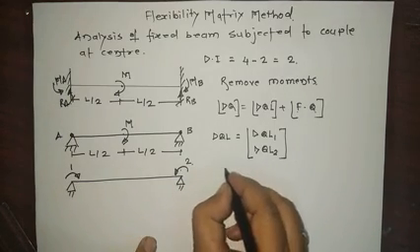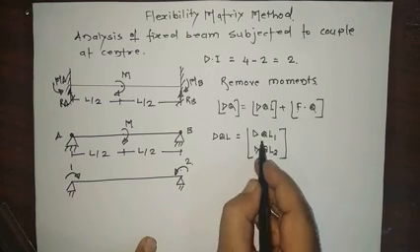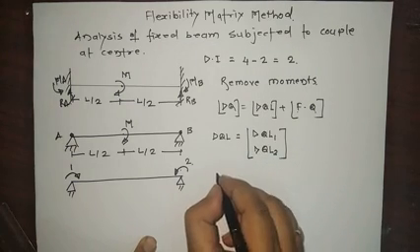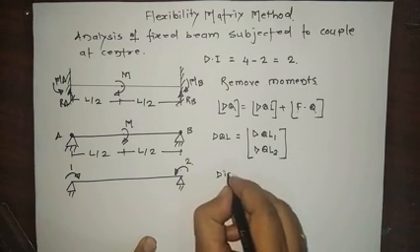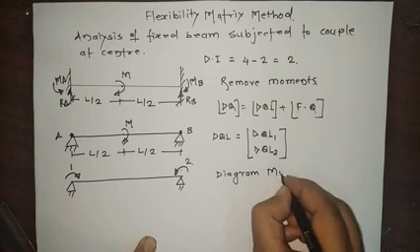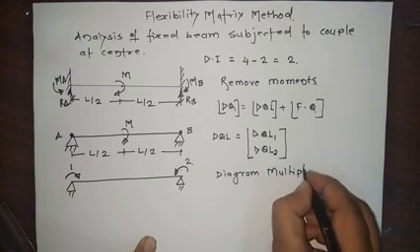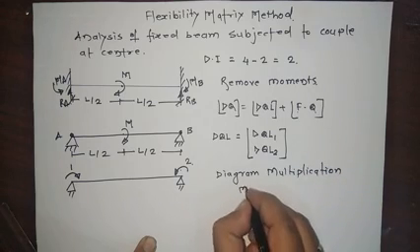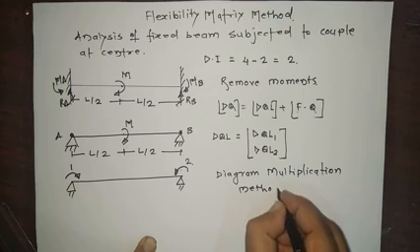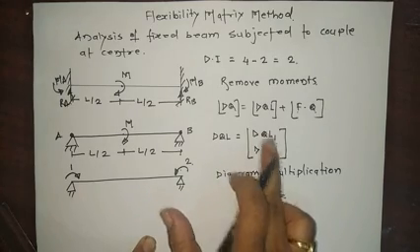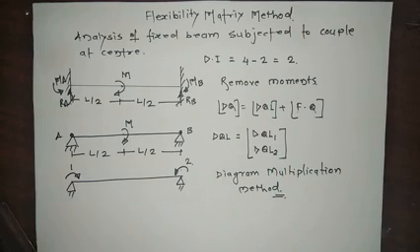So to find out this dql1, dql2, now we are using the diagram multiplication method. Instead of the direct formula, we are using the diagram multiplication method to find out dql1 and dql2.